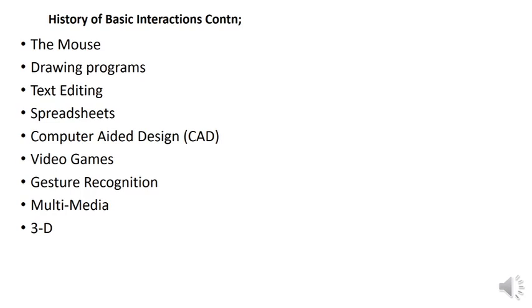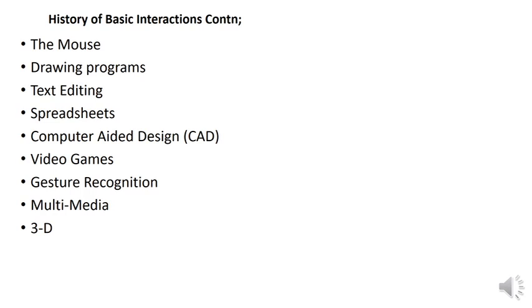Then text editing. In 1962 at the Stanford Lab, Engelbart proposed and later implemented a word processor with automatic word wrap, search and replace, user-definable macros, scrolling text, and commands to move, copy, and delete a character, word, or block of text.